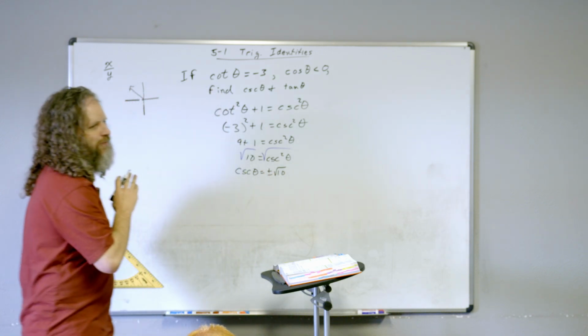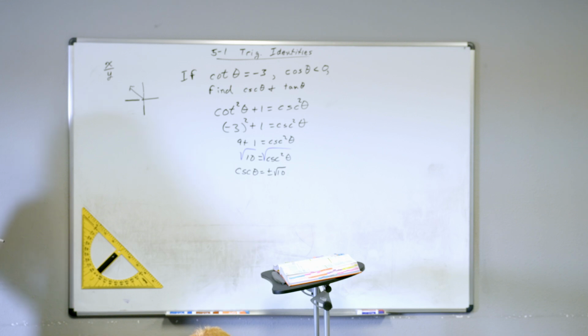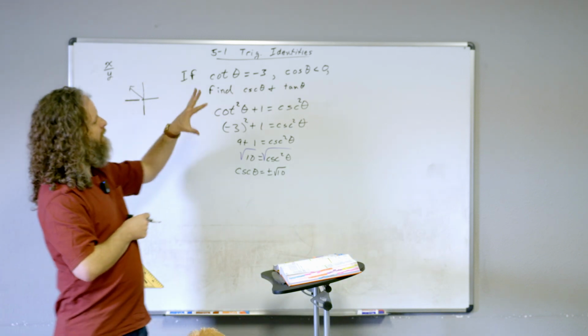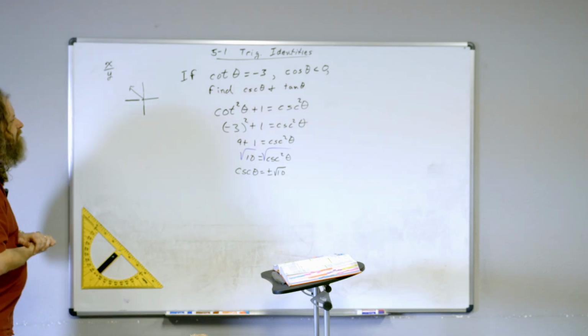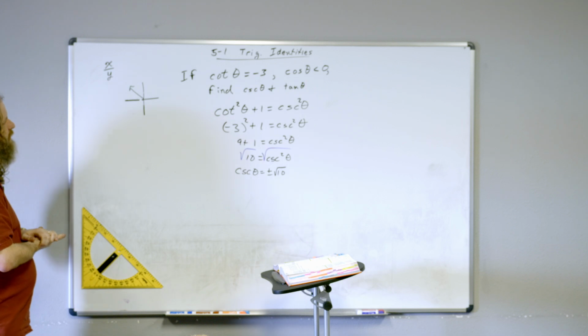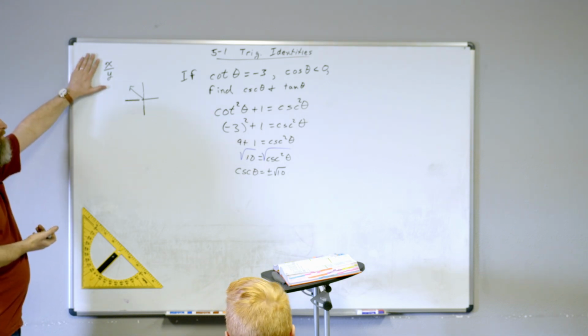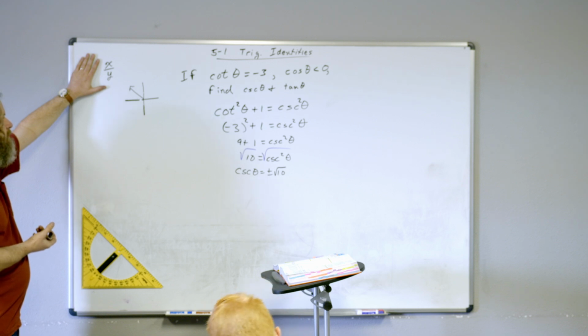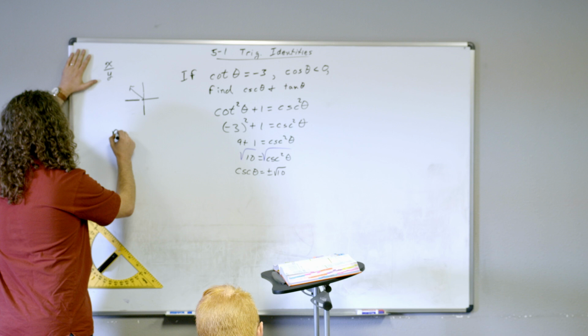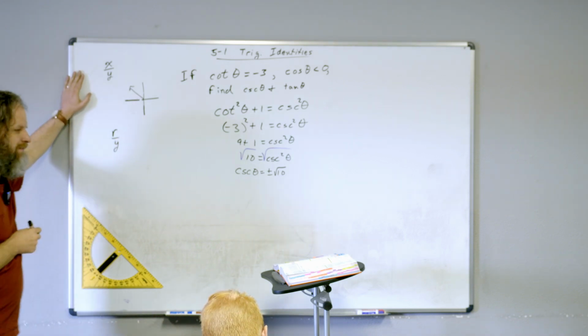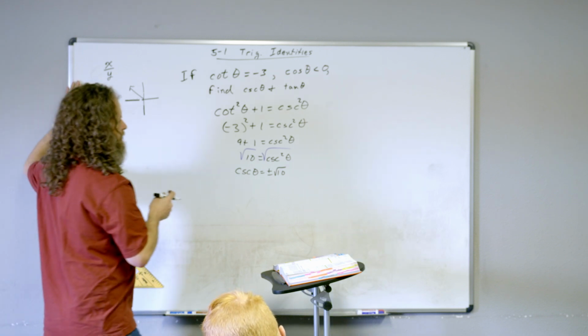So we need to figure out which one we're keeping, because we've identified there's only one possibility because of our conditions, right? Cosecant is r over y. Is y positive or negative? Positive.